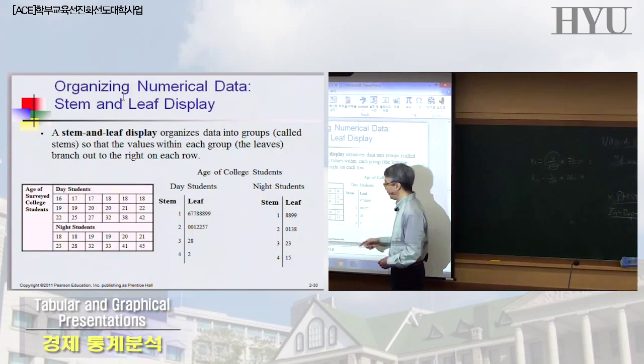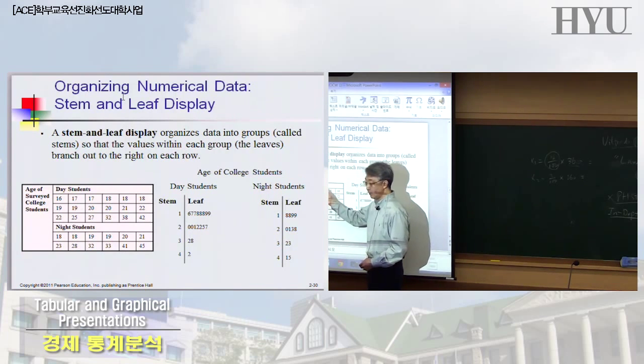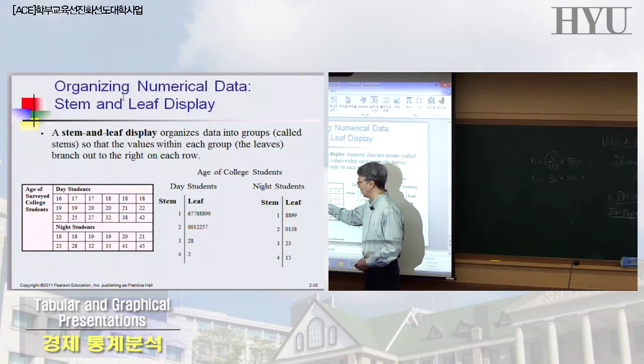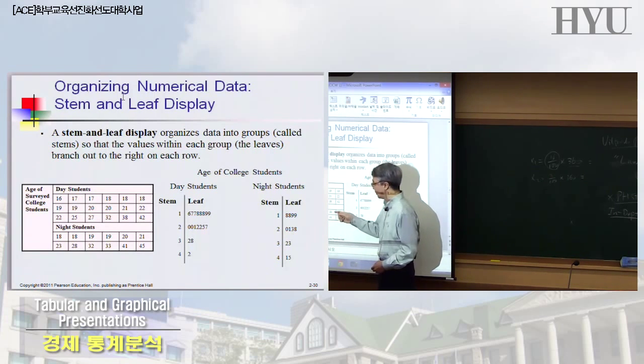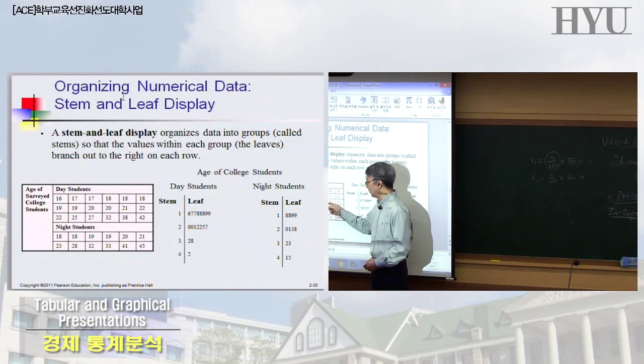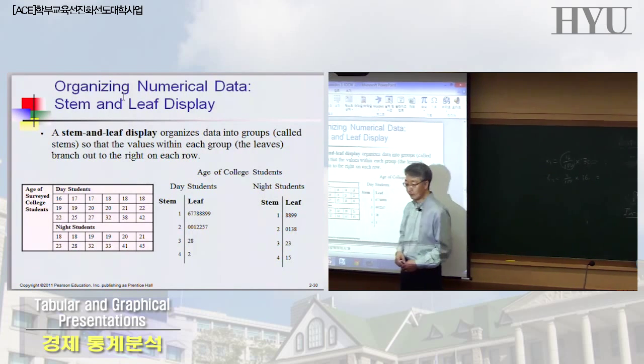Then you notice that some of the numbers are in the teens, from 16 through 19, right? The rest of the numbers are 20s, and there are a couple of 30s and just one 40s.